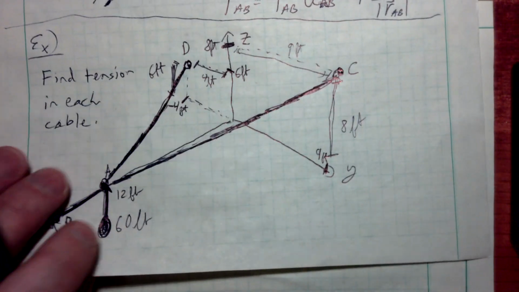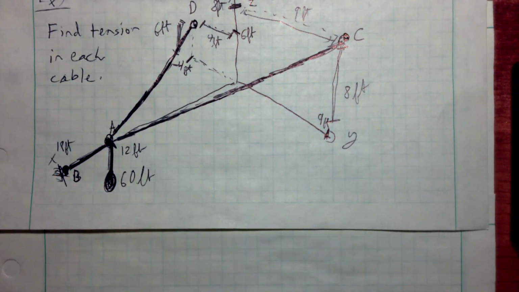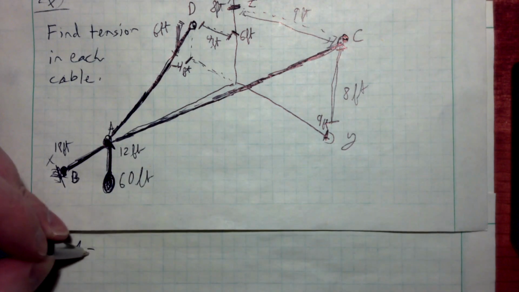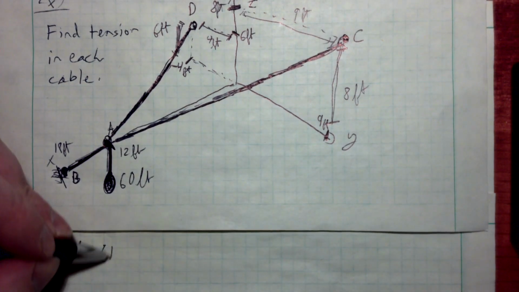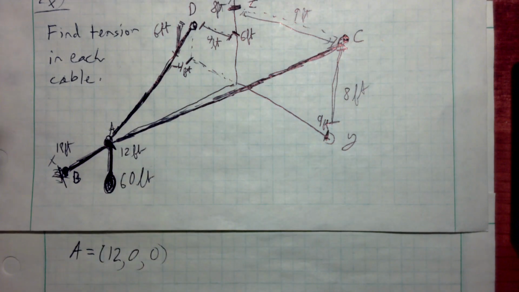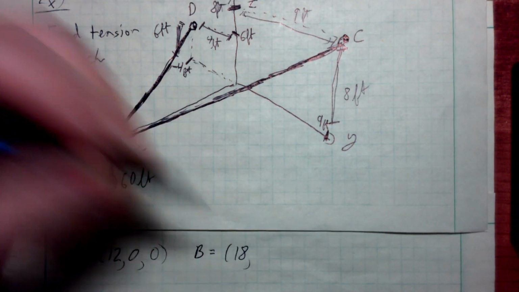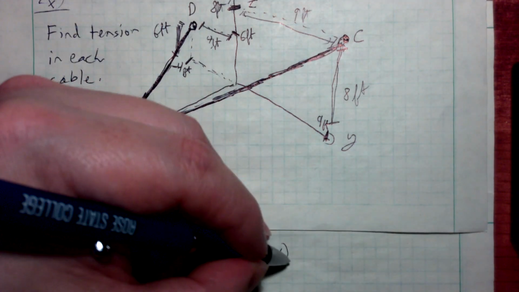Okay. So if I want to write these points in x, y, z coordinates, point A is out here on the x-axis, so that's a positive 12, 0, 0. And point B is 18, because it's a little further out on the x-axis, so it's 18, 0, 0.